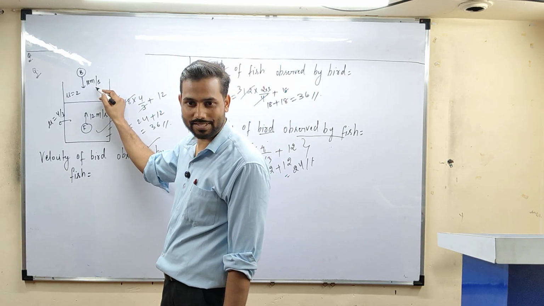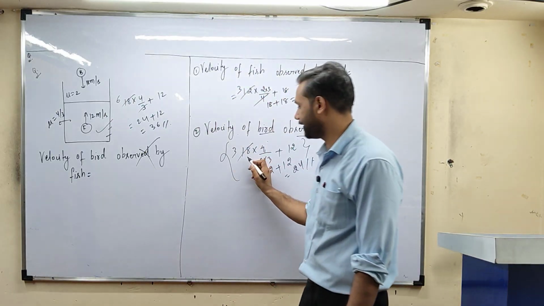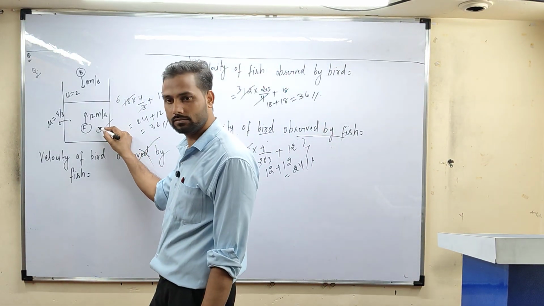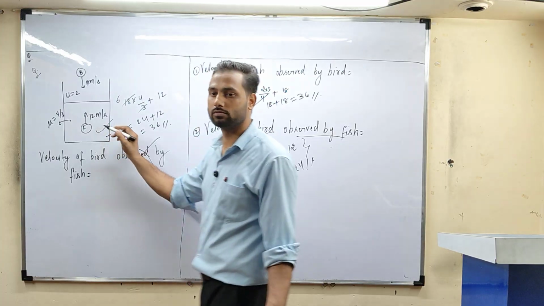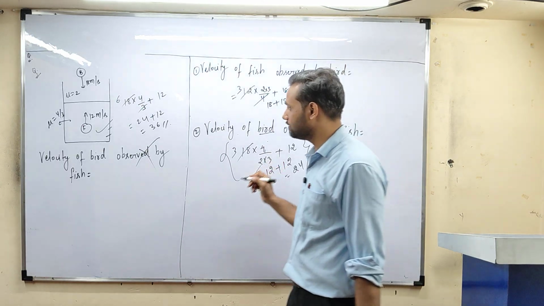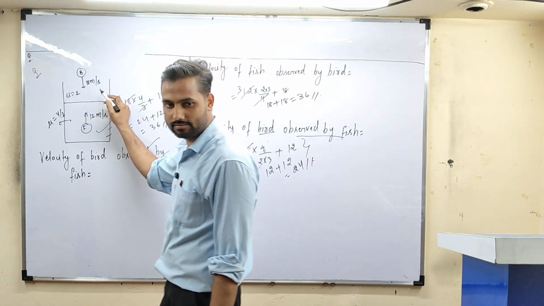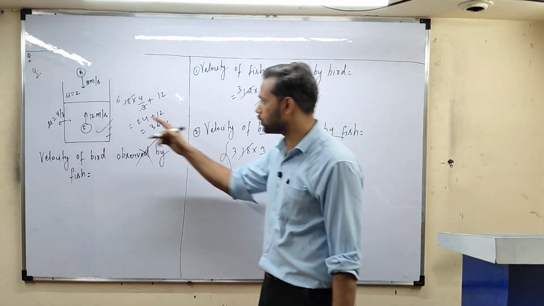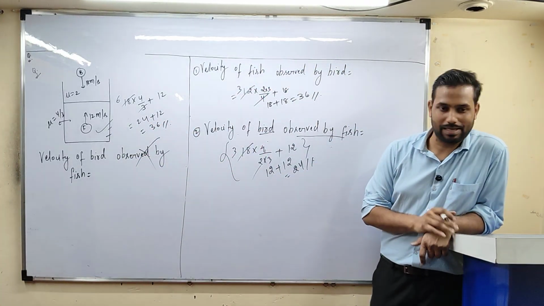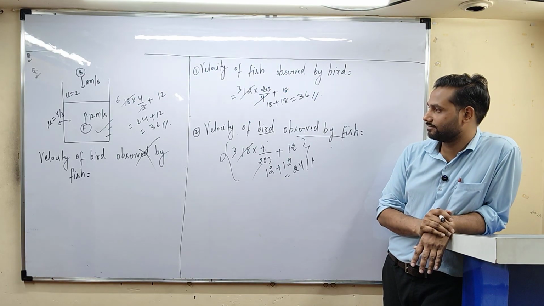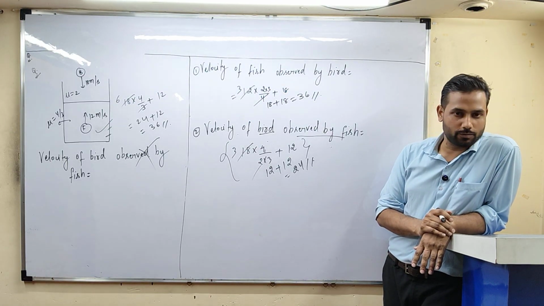Bird is coming with a velocity 18. Just put that 18. Who is observing? Put there mu 4 by 3. And then who is coming? 2 remaining plus 12 plus 12. Yes or no?